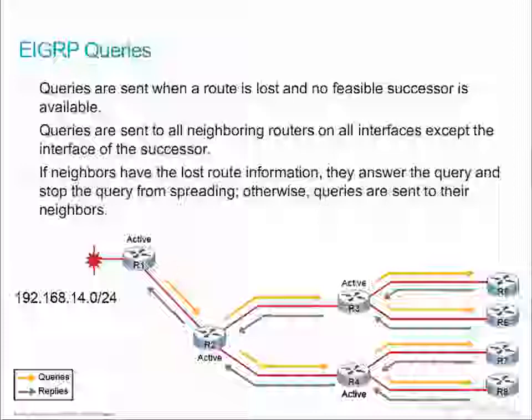It can potentially be a problem because what happens if R5 doesn't respond? It's a domino effect. R5 doesn't respond, but R6, 7, and 8 respond. Well, guess what? R3 can't respond. R4 can respond to R2, but if R3 can't respond to R2, then R2 can't respond to R1. And this is where we get into this whole concept of stuck inactive and what that represents.